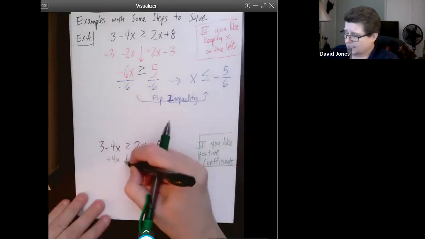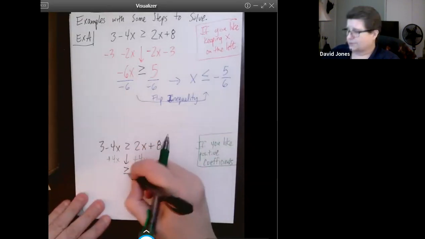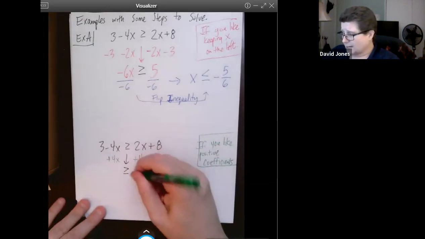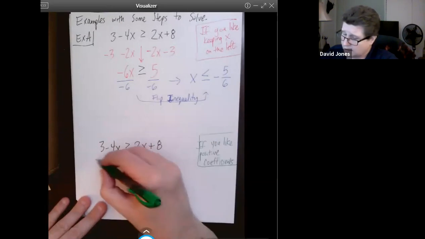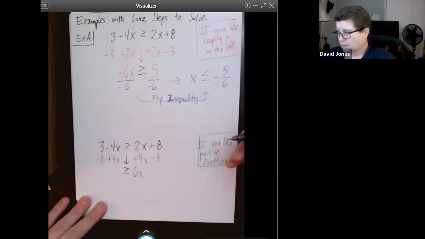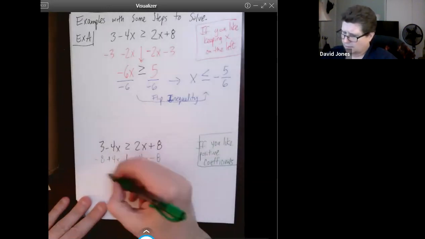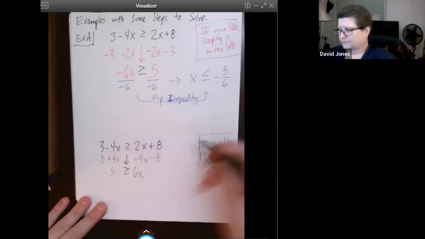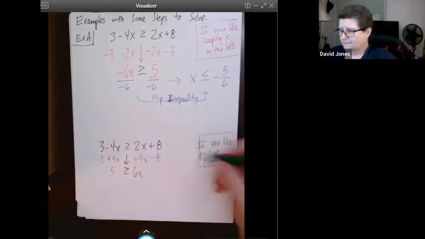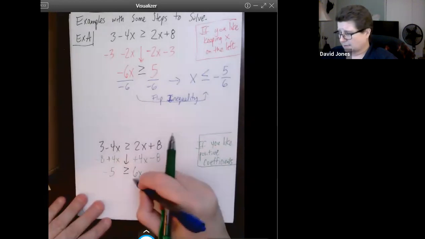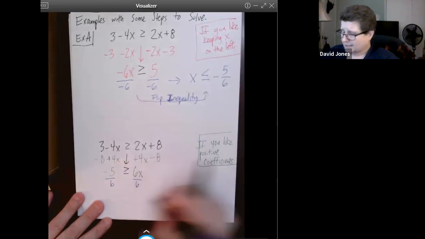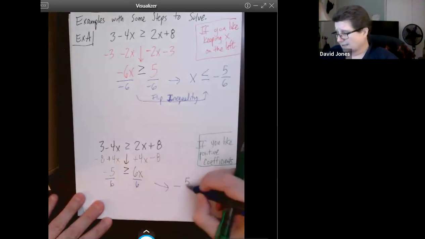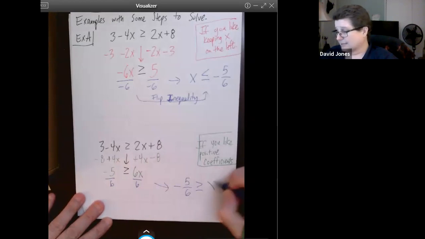My inequality comes down, and I've got greater than or equal to there. 6x is on the right, no x on the left, which means I'm going to subtract 8 from both sides. Three minus 8 is negative 5. Finally, I divide by 6. I've got negative 5/6 is greater than or equal to x.